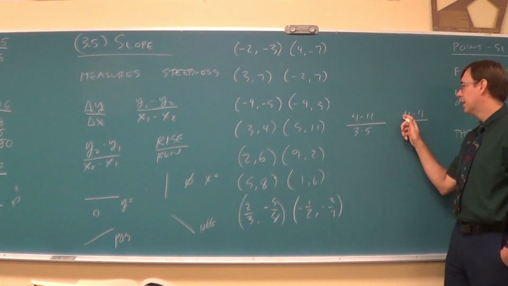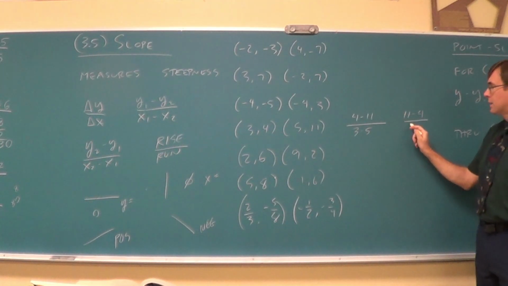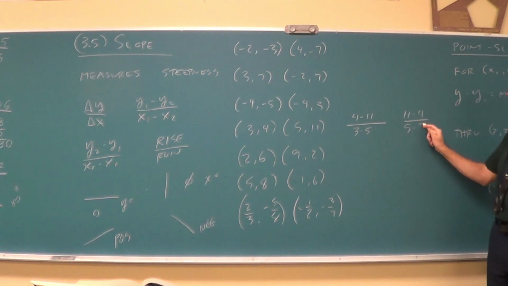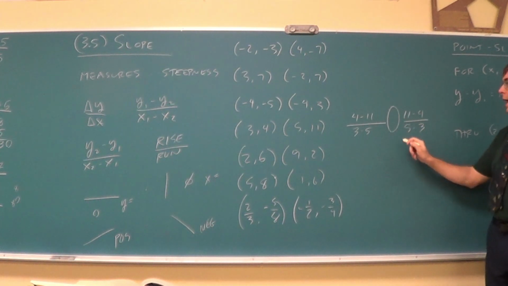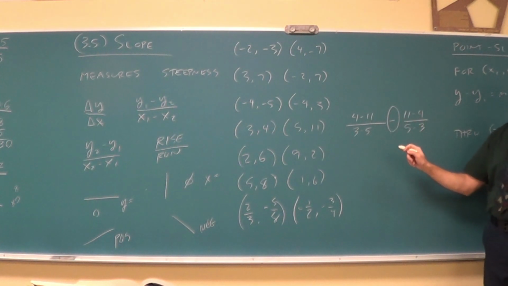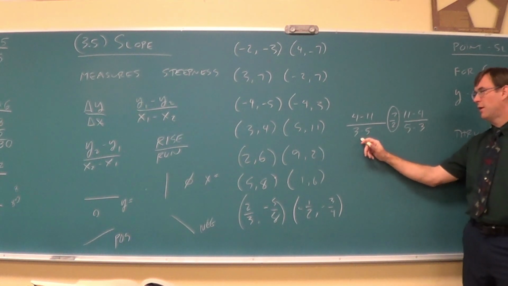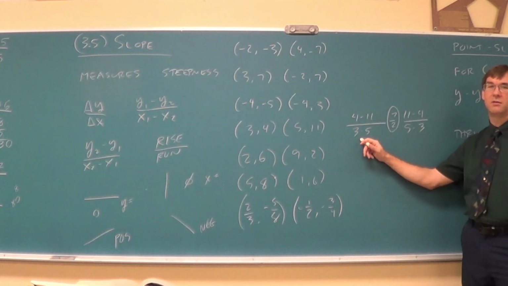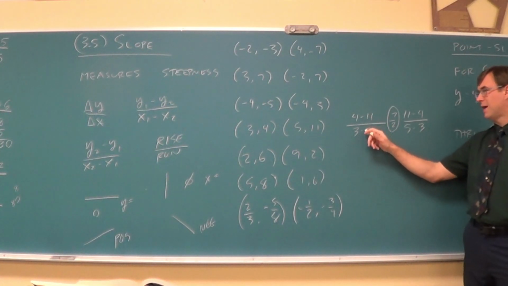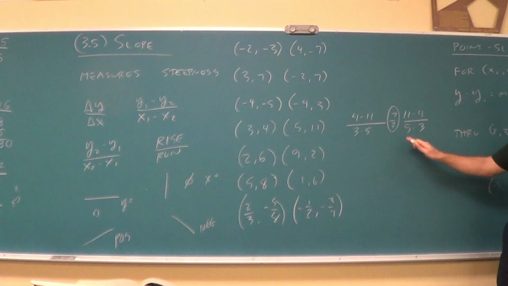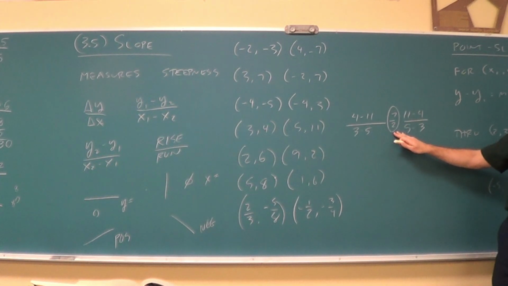If somebody else did 11 minus 4, they're locked into 5 minus 3. Either way, what's the answer going to be? 7 over 2, positive. Why is this one going to turn out positive even though you got a bunch of negatives? Okay, so negative divided by negative has got to turn out positive. Question about that one?